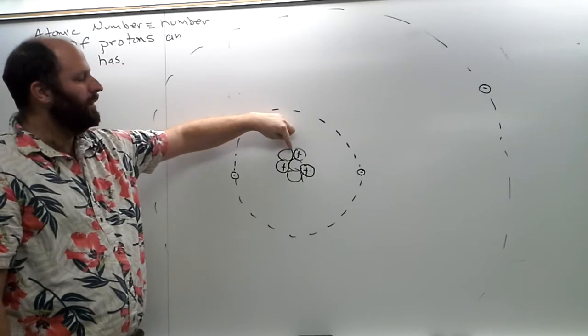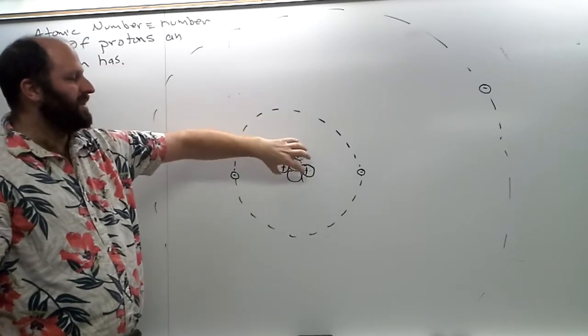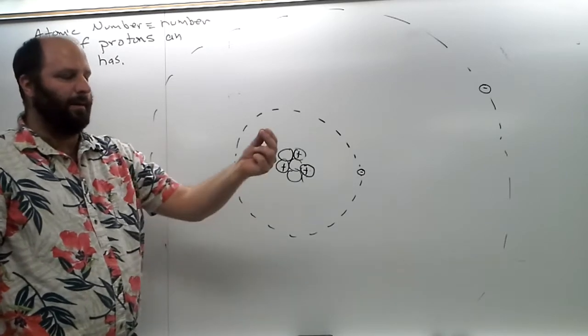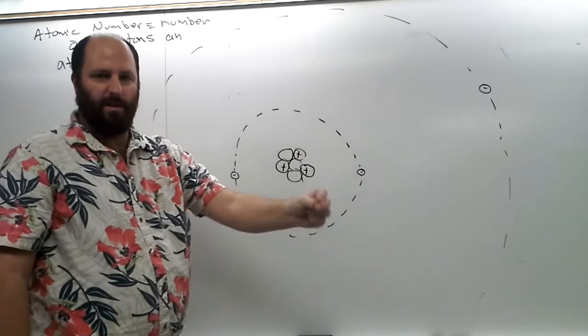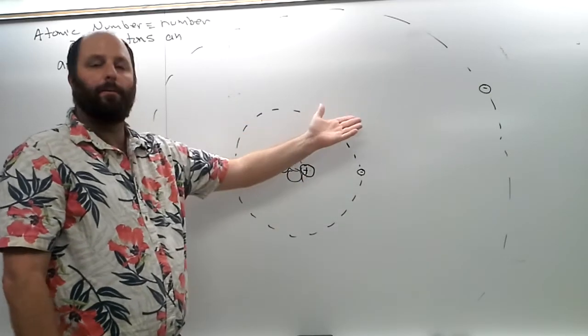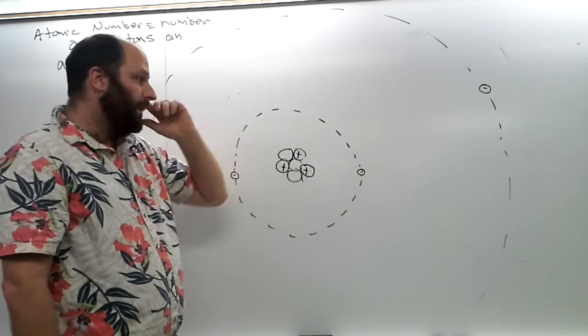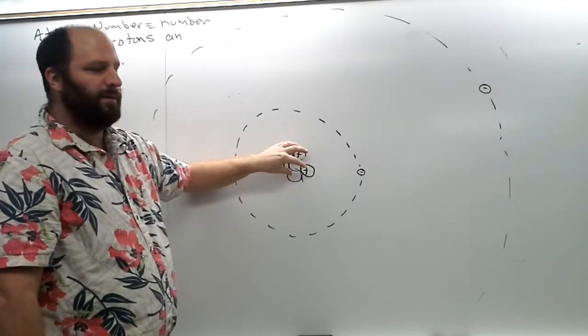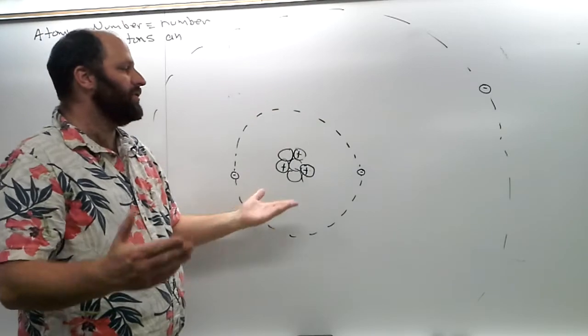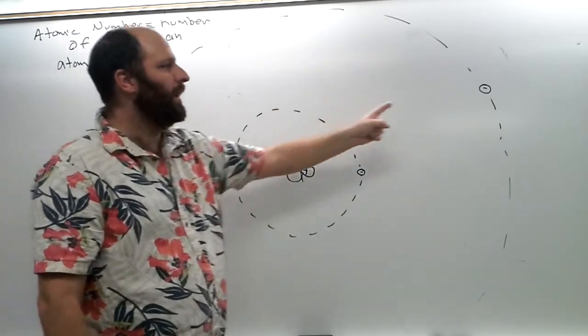So if I were to draw the nucleus the size that I have it, the electrons would be tiny little things. I'd have to take a pen, dip it in some ink and dot the page with it, and you wouldn't be able to see it. If the nucleus were actually this size, you wouldn't be able to see the electrons in the video if I were to draw them. So I can't draw them to scale. For that reason, they're blown up.